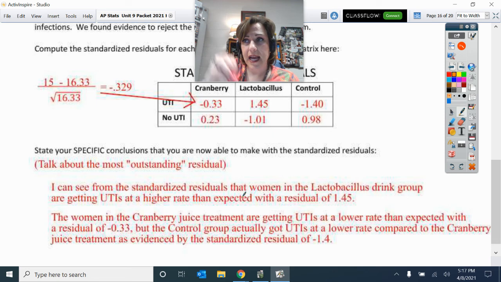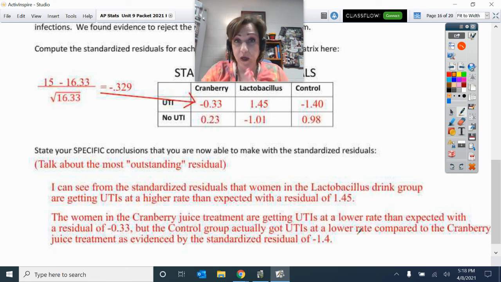It's all about higher rate than expected or lower rate than expected, with a residual of positive 1.45. The women in the cranberry juice treatment group got UTIs at a lower rate than expected, but the control group actually got UTIs at a lower rate compared to cranberry juice. That was interesting, as evidenced by that standardized residual of negative 1.4.